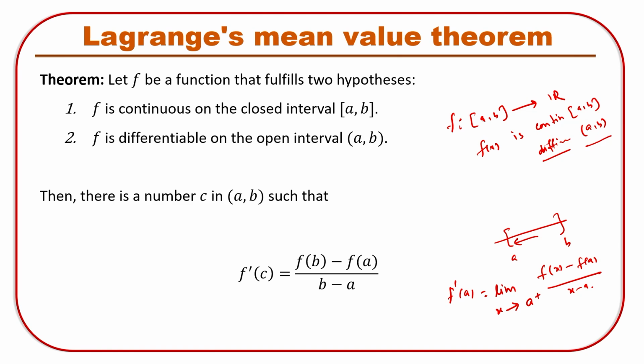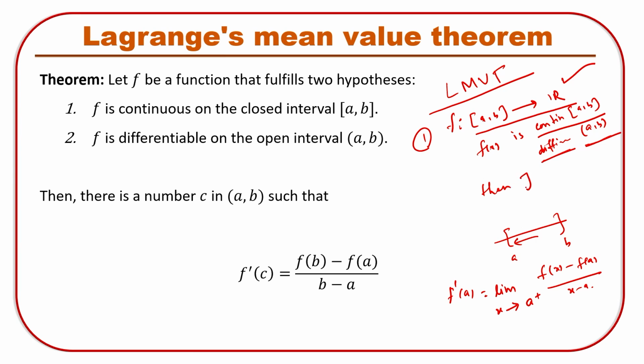And so for the Lagrange mean value theorem, LMVT, we have a real valued function f from a closed interval [a, b] to R, which is continuous in the closed interval and differentiable in the open interval.